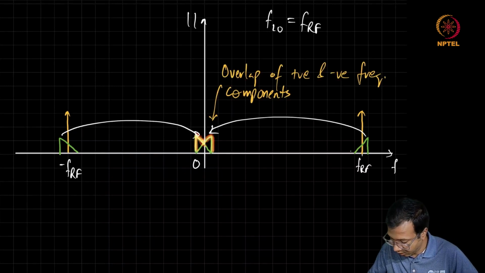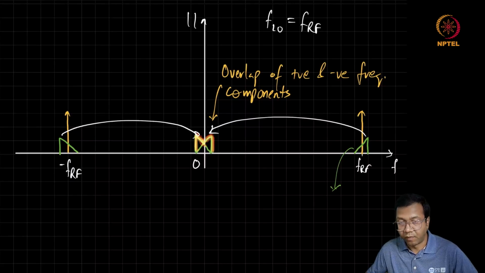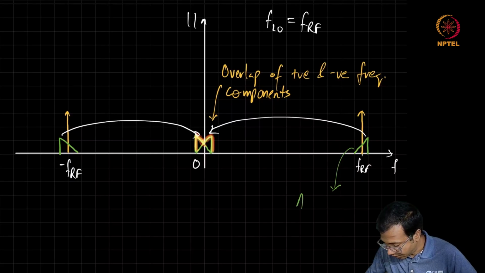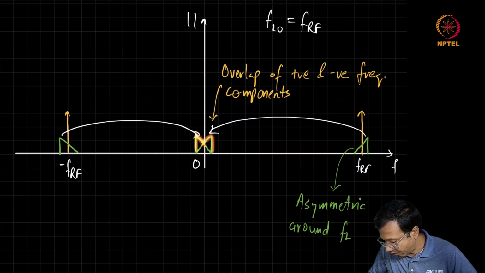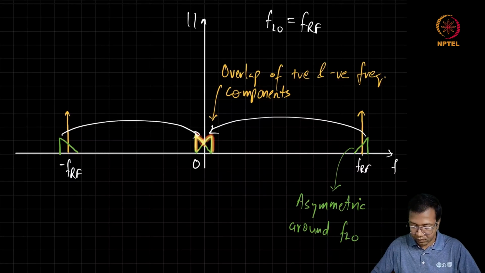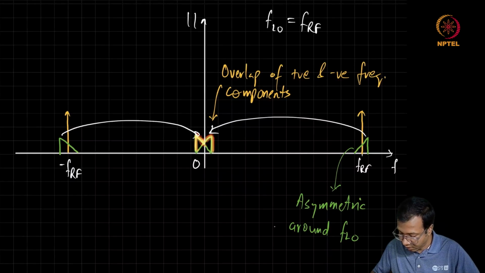Here we are talking about the case of a signal which is asymmetric around the LO. And this is a common scenario whenever we talk about complex modulated signals.